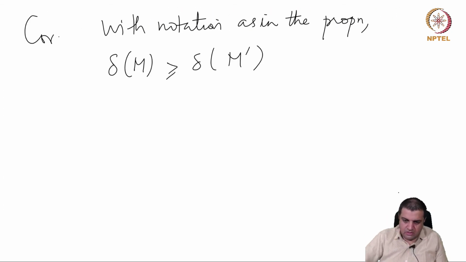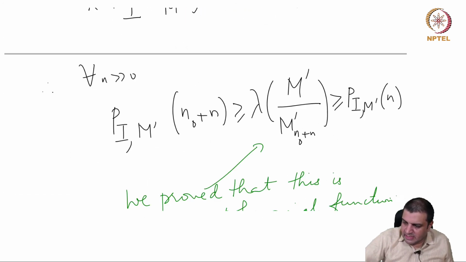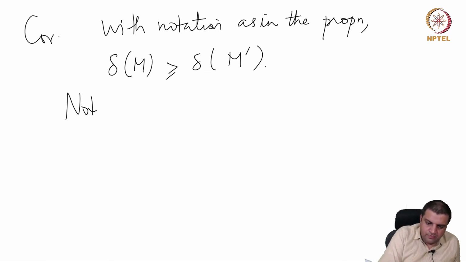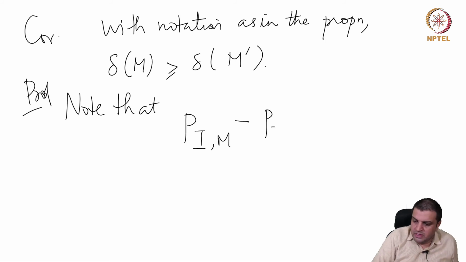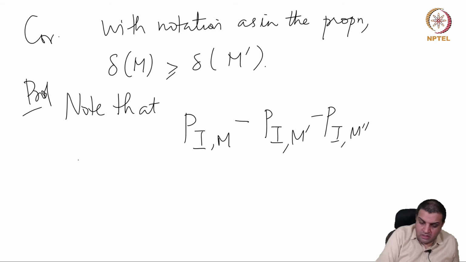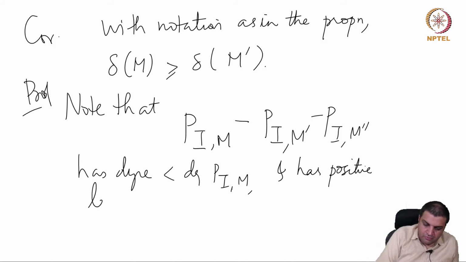Why is that the case? Note that, proof. PIM minus PIM m prime minus PIM double prime has degree less than degree of PIM and has positive leading coefficient.